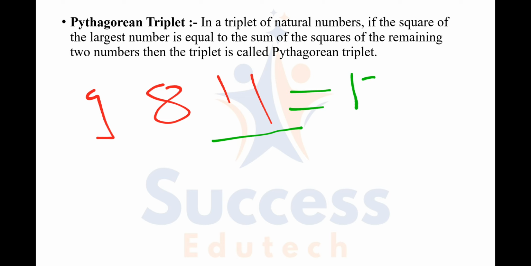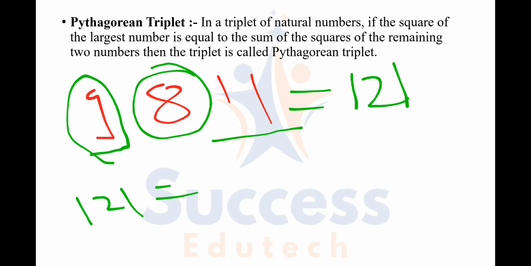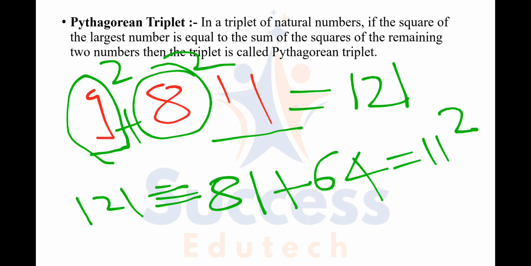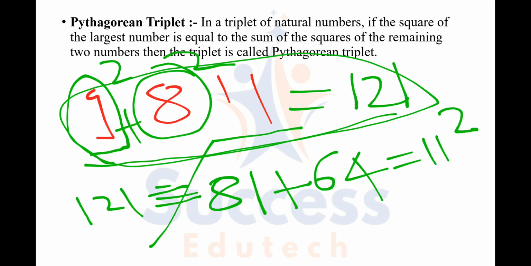Now 11 square is 121, which should equal the sum of the squares of the remaining two numbers. Now 9 square is 81 plus 8 square is 64, which should equal 11 square, but this is not possible. So these numbers are not a Pythagorean triplet.